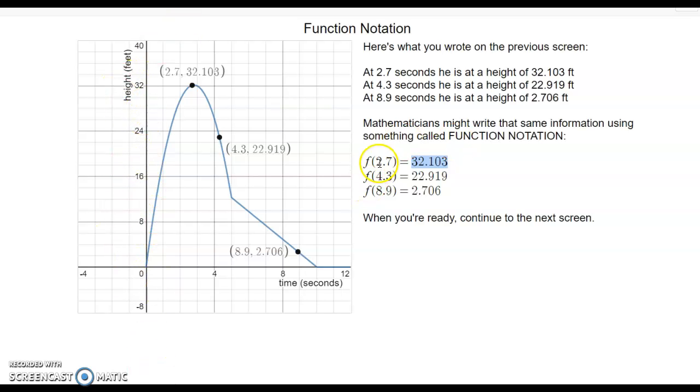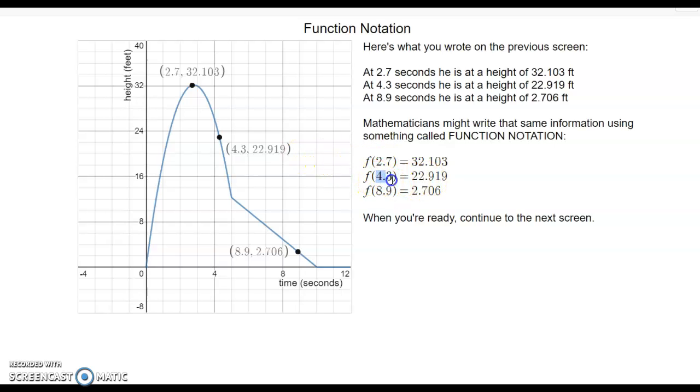So remember, we have x's and y's. So if you see f of 2.7 equals a blank, what you're going to do is go to 2.7 and go all the way up until you see where your y is. Remember, this is just another way to write x and y.